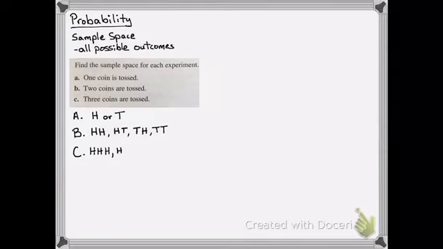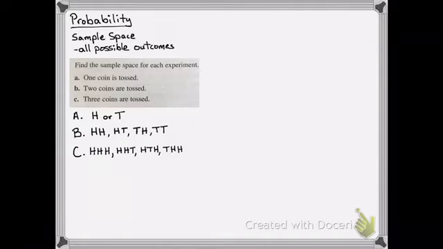So it could be heads, heads, tails. It could be heads, tails, heads. Or it could be tails, heads, heads. Right? Those are distinct possibilities because it's a different coin that's coming up with the tails. And since it's a different coin, we have to consider that as a different outcome.